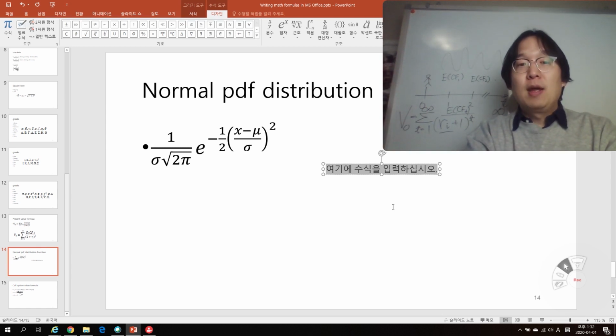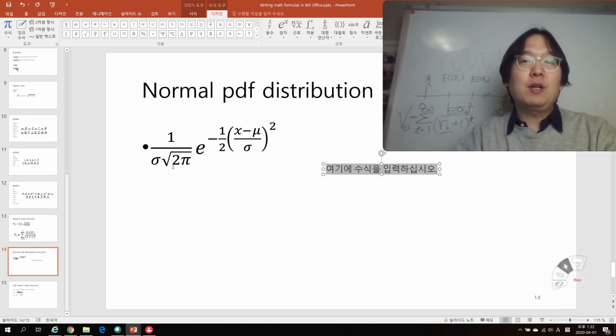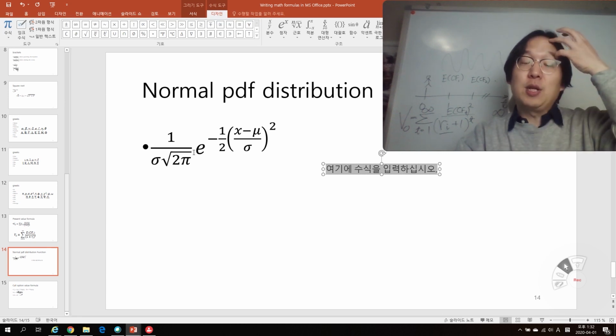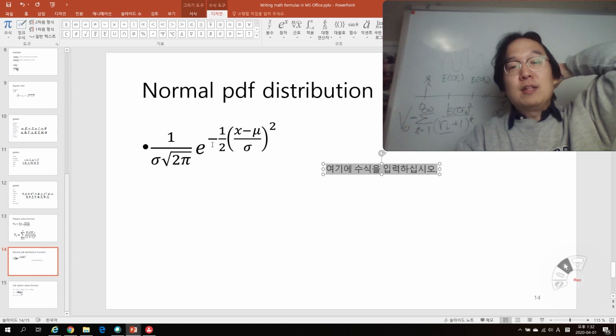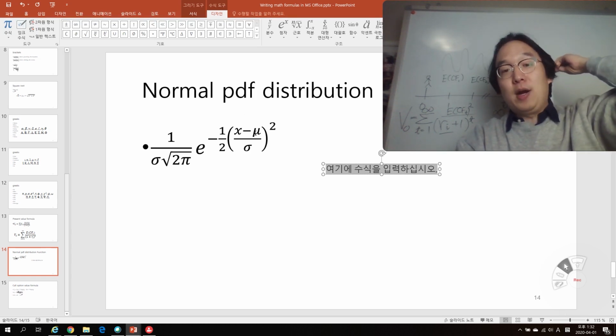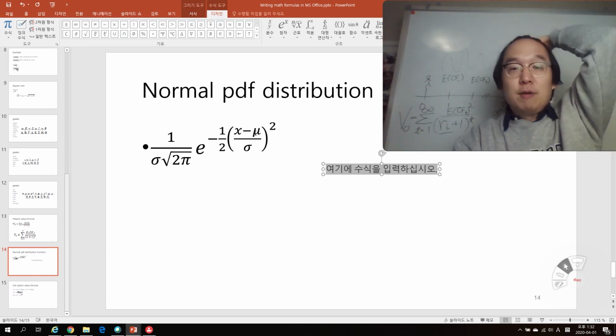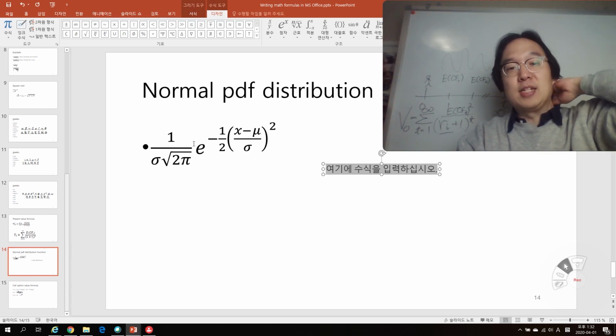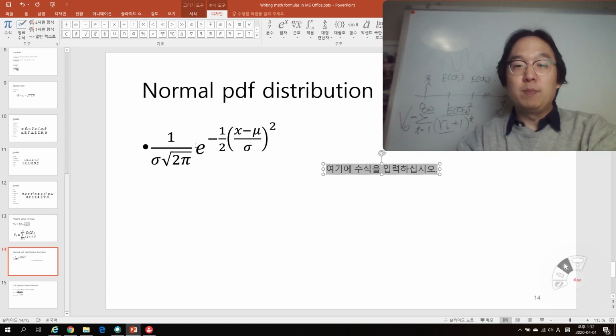So, first things first. You see a fraction over here and the exponential function, and then the superscript part, which is the exponent part. E is the base. Exponent and base.